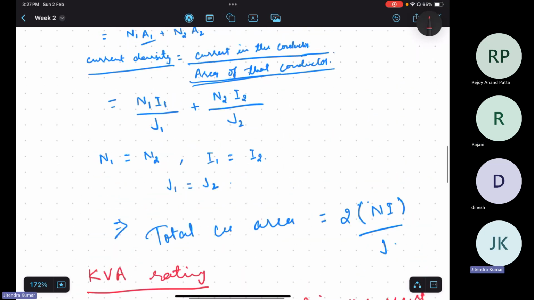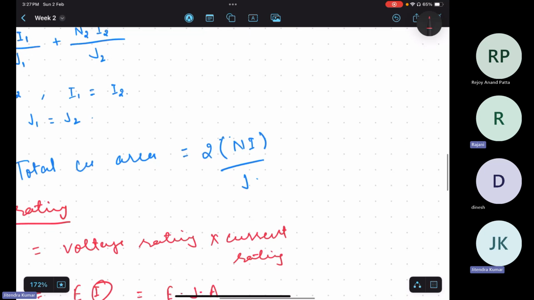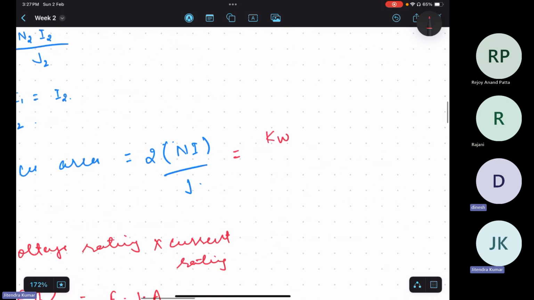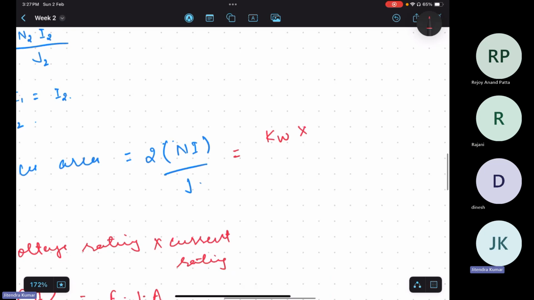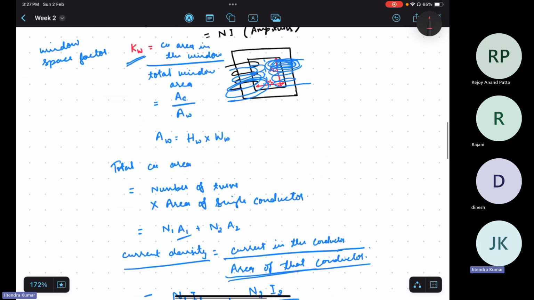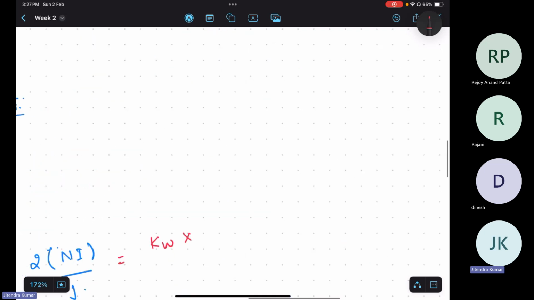So earlier we have derived that 2Ni by J is the total copper area. So it is nothing but window space factor into window area. Copper area divided by window area is nothing but window space factor.